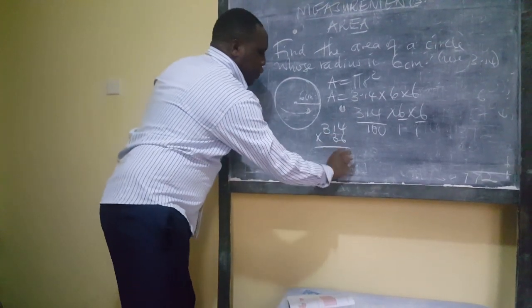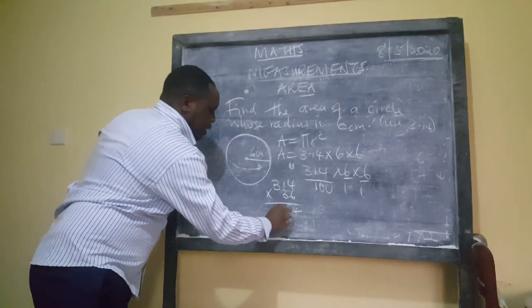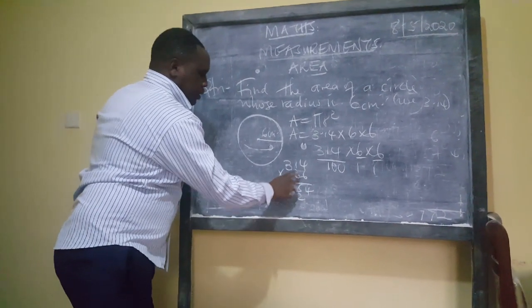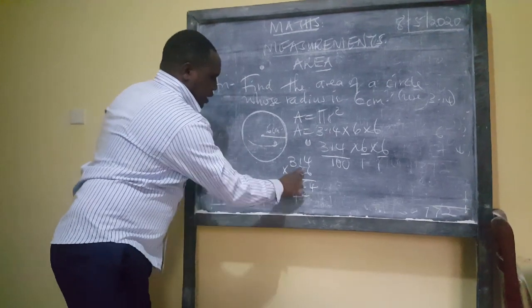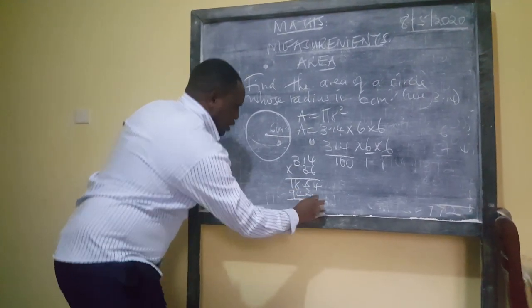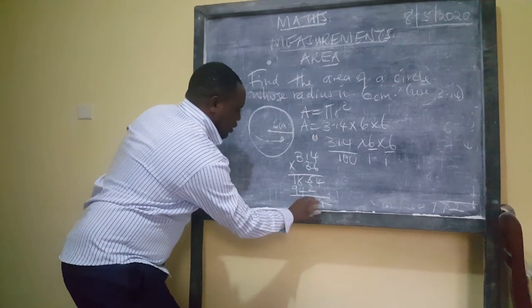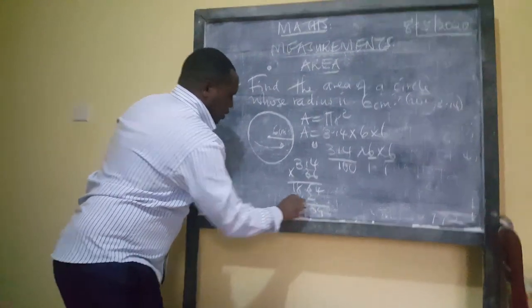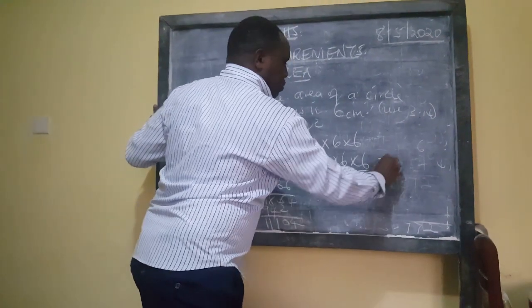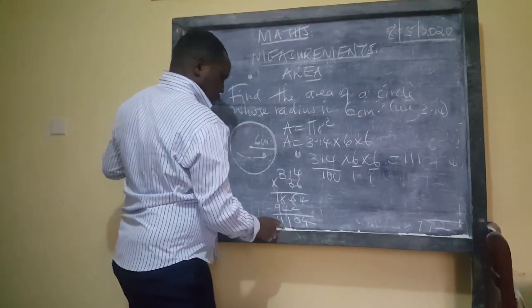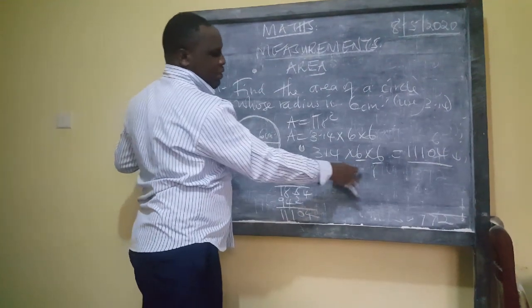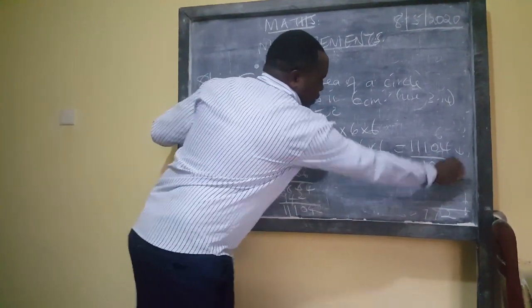This is going to be 24, carry 2, 8, and then 18. 2, carry 1, 3, 4, then this 9. This is going to be 4, 0, 11, 11. So here the numerator you get 11,304, and then here we have 100 times 1 times 1, which is 100.